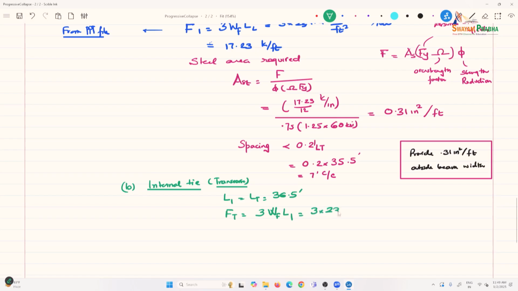So, 3 times 239.4, I do not know if my math is correct, maybe slightly off. How much is that? 25.4, or let us take it to be what I have. It may be slightly off, does not matter. 25.4, I have that value, kips per foot.